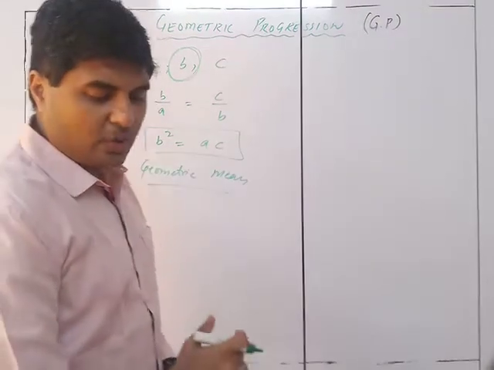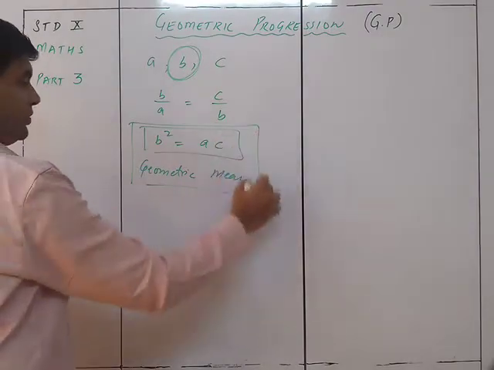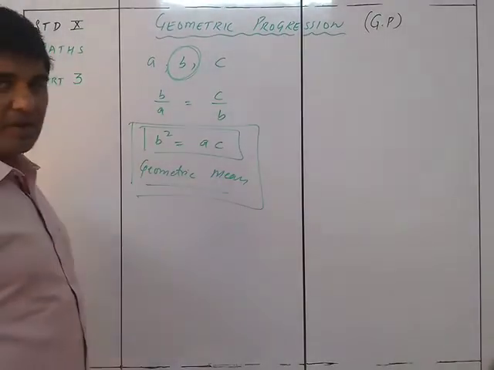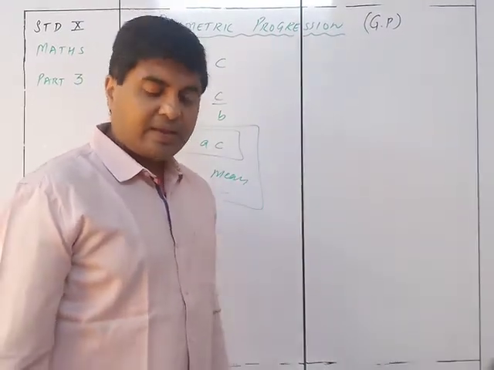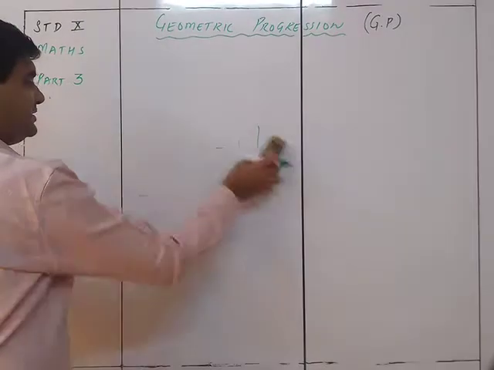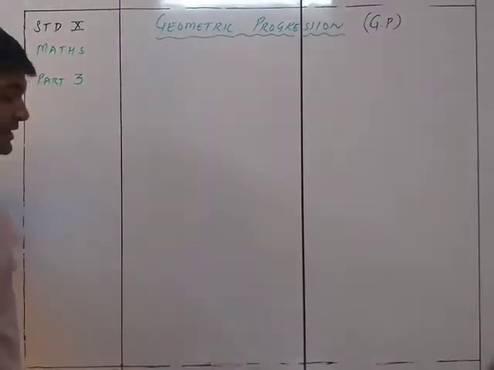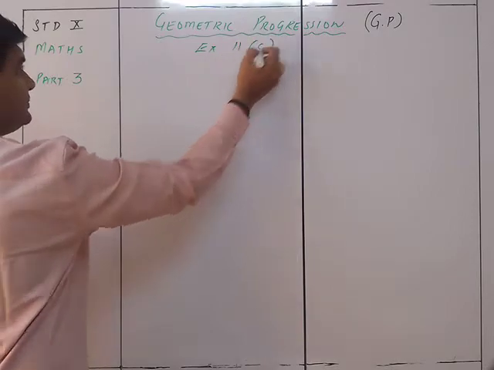So that is the geometric mean formula: B square is equal to AC. This is the only new thing in this part of the chapter, that is exercise 11C. So we start with exercise 11C.